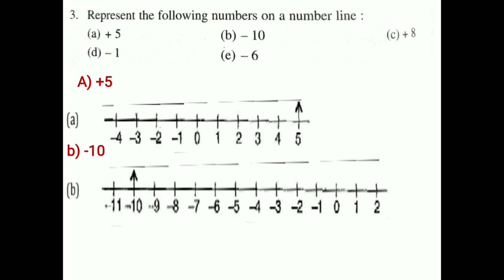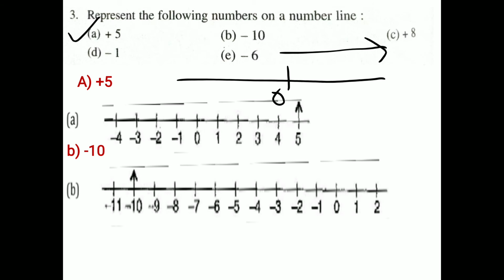Question number 3 is: represent the following numbers on the number line. Firstly I do plus 5. As you know, firstly you have to draw a line. Then in the center you put 0. If you go this side then you will write plus 1. All the plus numbers come after 0: 1 comes, 2 comes, 3 comes, 4 comes and 5.